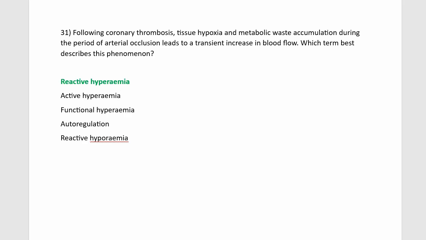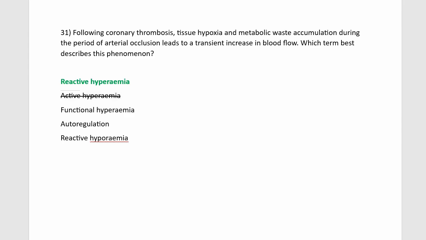It's not because of a block, it's because you're doing something that requires more oxygen. The tissue hypoxia and the accumulation of vasoactive substances, such as carbon dioxide, lead to vasodilation, and this is termed active hyperemia. So it's a different terminology when it's that way round.